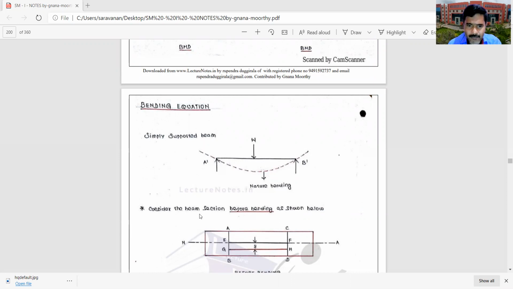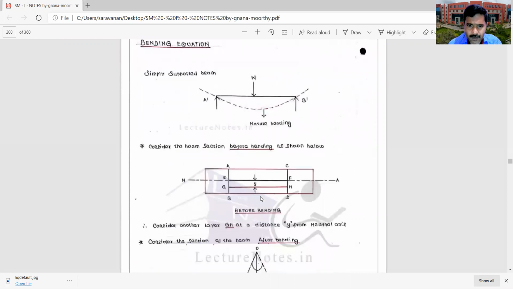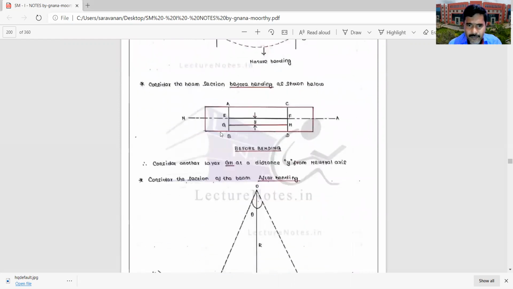So you can consider the beam section before bending. This is the beam. At the middle there will be the neutral axis. This layer is EF, and you can consider another layer GH at a distance of Y from the neutral axis.